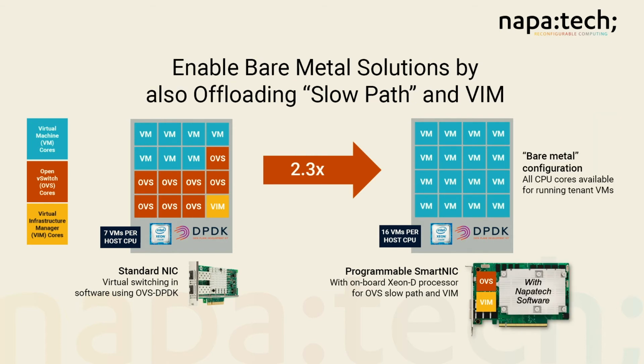And for the same use case, we can actually get an even greater improvement in VM density by leveraging a SmartNIC with an onboard Xeon-D processor, again running the Link virtualization software. In this scenario, not only the OVS fast path, but also the OVS slow path and the VIM are offloaded to the SmartNIC.